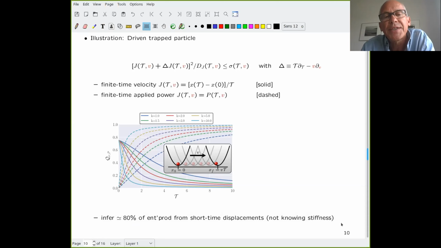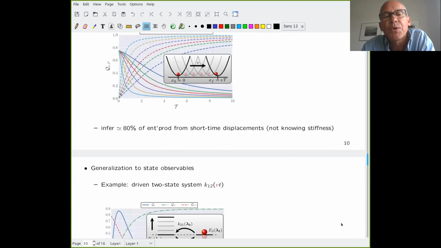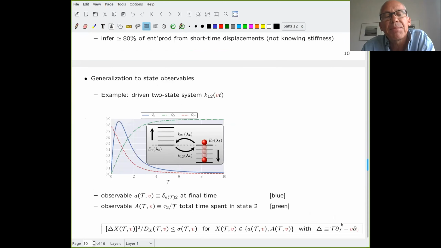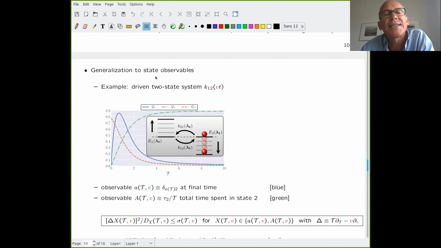This was for currents. Let me show you another example where we were able to generalize this to what we call state observables. So these are, in a sense, time-symmetric observables. And let me explain it by just using a two-state system. So here is a system. We have two states. Each state has an energy, and we make the energy dependent on a protocol.